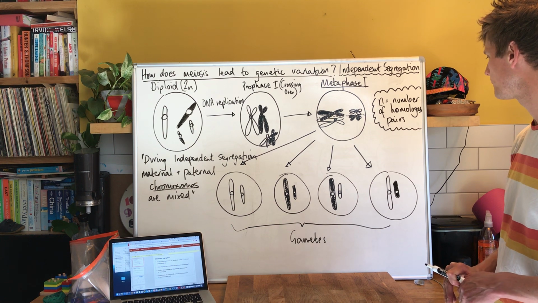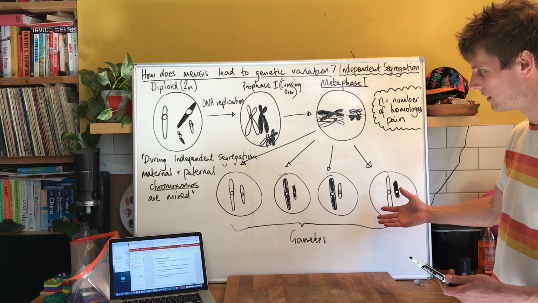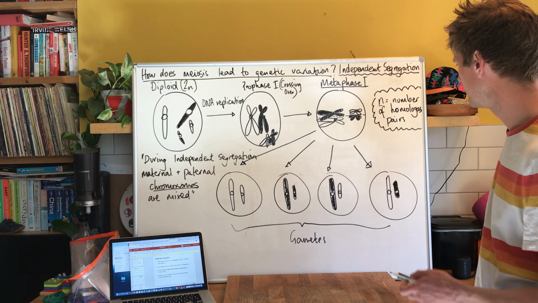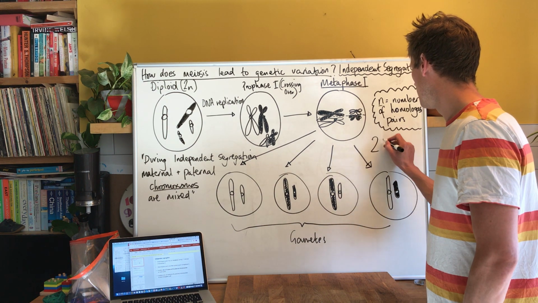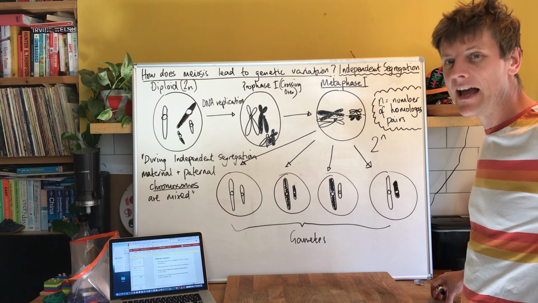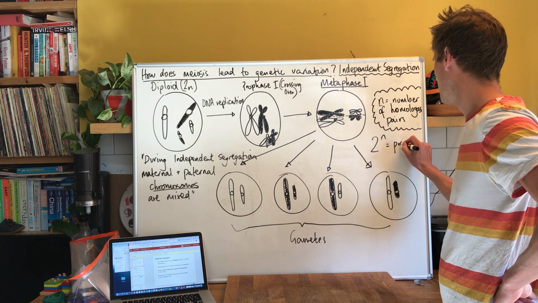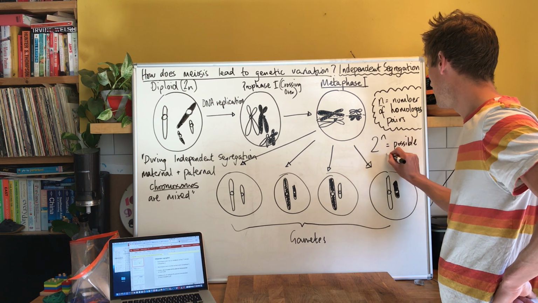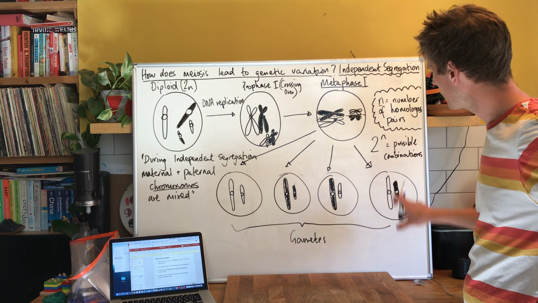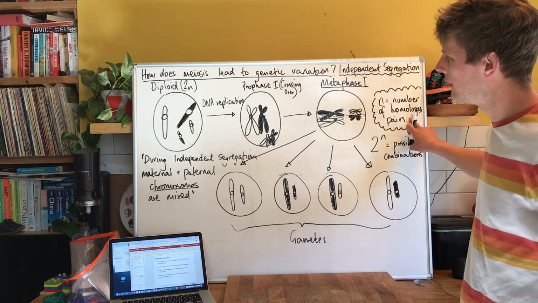Now there's a way of calculating the possible combinations of maternal and paternal chromosomes, and that's using quite a straightforward formula. 2 to the n gives us the possible combinations, where n is the number of homologous pairs.